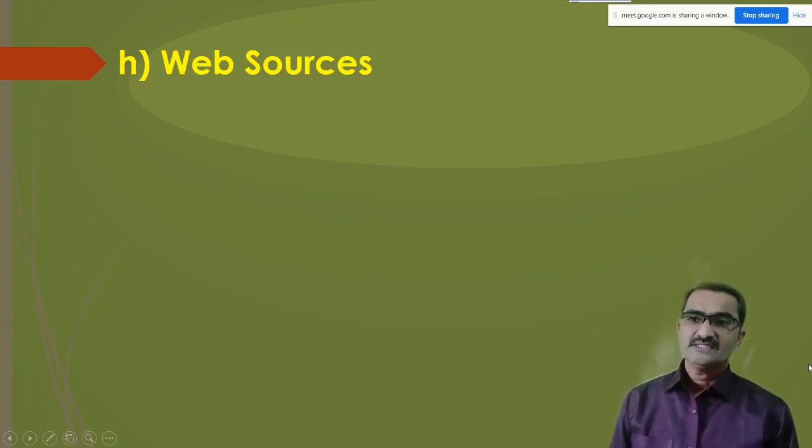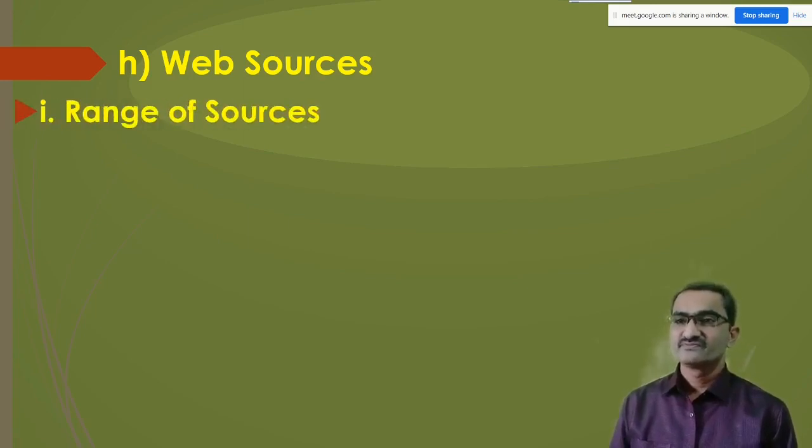Then next is web sources. See, we started talking about E, then F, then G, and now we are talking about H, part of the same topic, that is conducting research. In web sources, again you can find that there are various kinds of sources available.